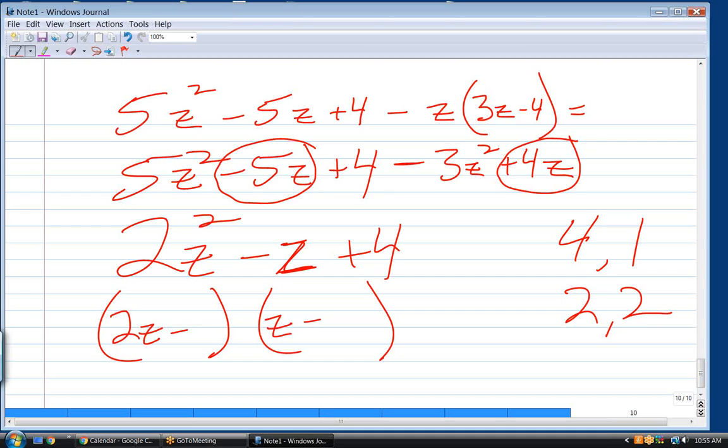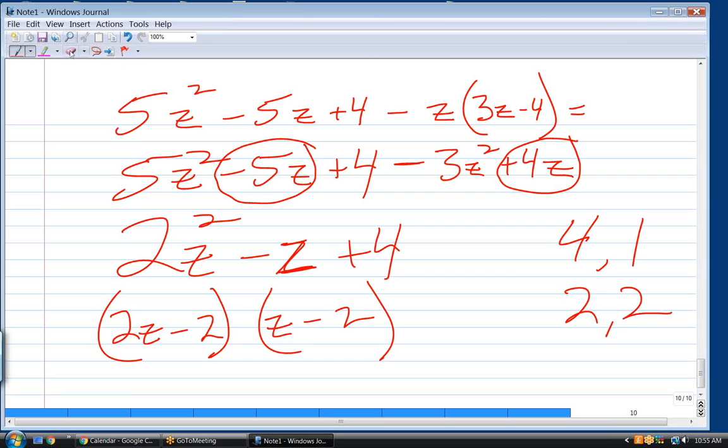So I pretty much have to just randomly try stuff. Well, if I try 4 and 1, hold on, let me go back a moment. What I tell all my students is the first things to try are the 2 closest factors together. Does that produce the proper middle term?